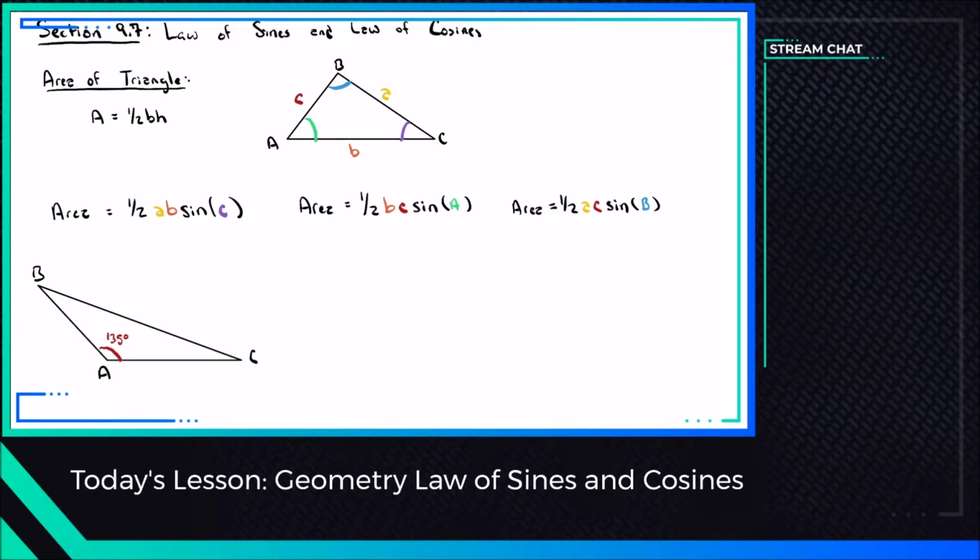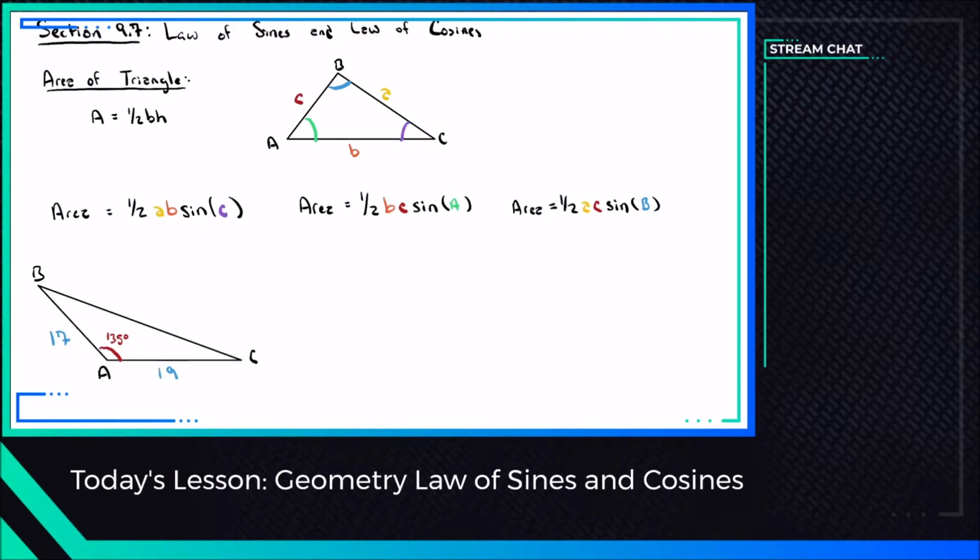We're given a couple of side lengths, so we know that AB is equal to 17 and AC is equal to 19. Looking at our formula here, all we need is two sides and the angle between those two sides.